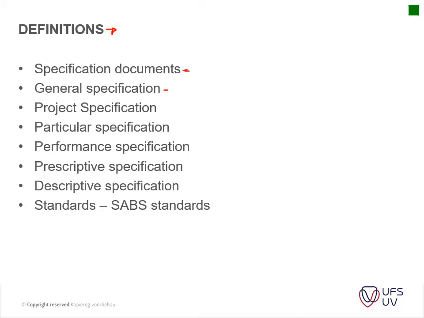For instance, the architect might have a specific set of specifications, such as drawings, finishing schedules, etc., whereas the engineers might have very specific documentation on how concrete is tested and what justifies a concrete test.